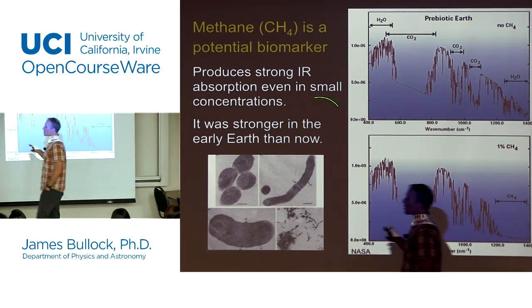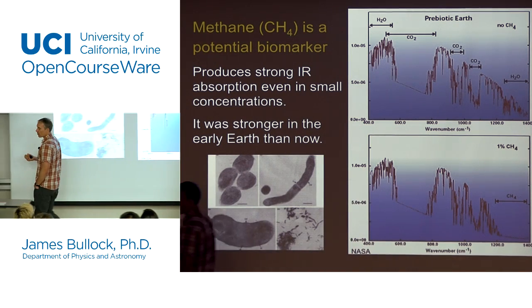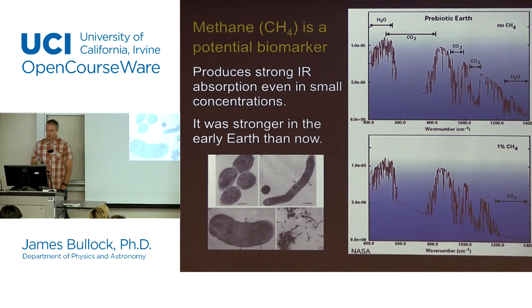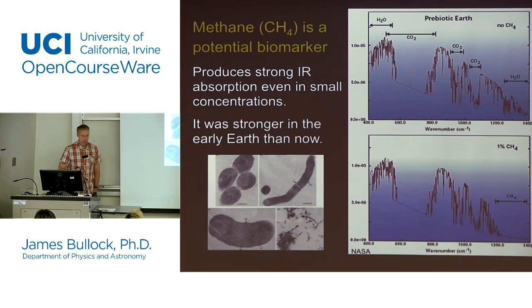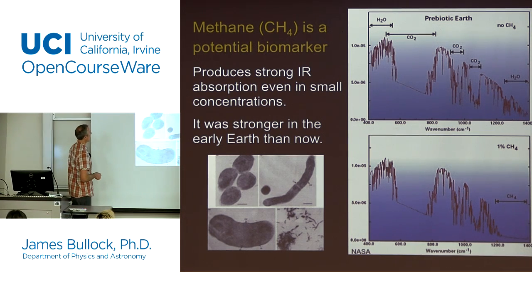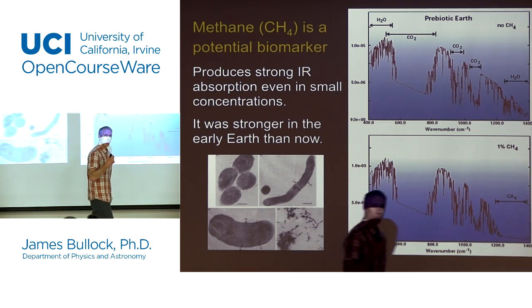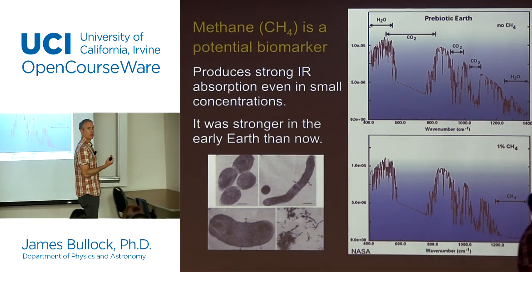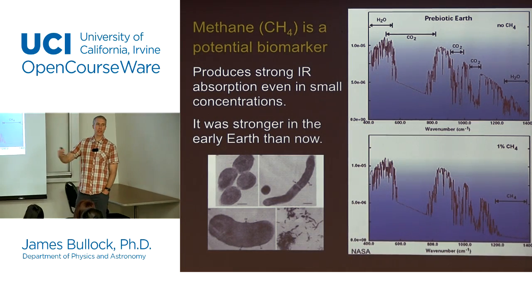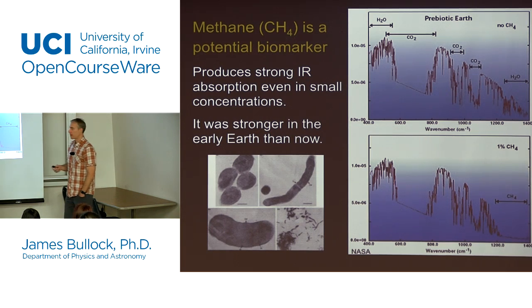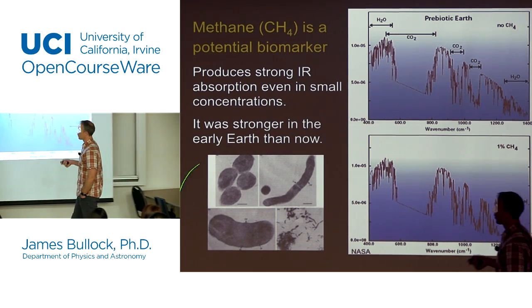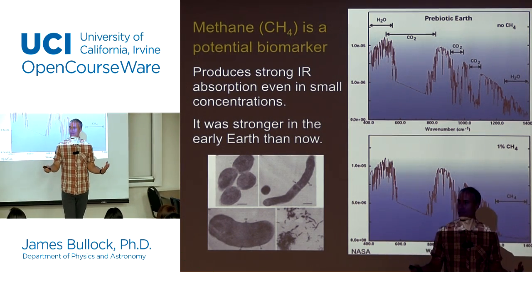Now, as I mentioned before, methane is another really cool biomarker. Okay. It produces strong absorption in the IR. And the important thing about methane is it's not super strong in the atmosphere today. Okay, but we think on the early Earth it was very, very important. Okay, remember the early Earth did not have oxygen on it.